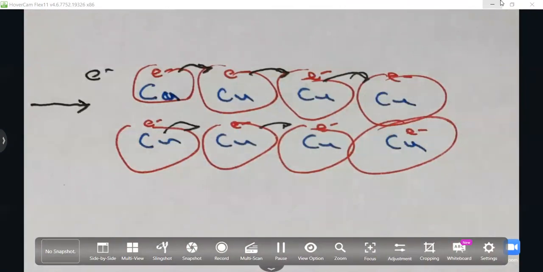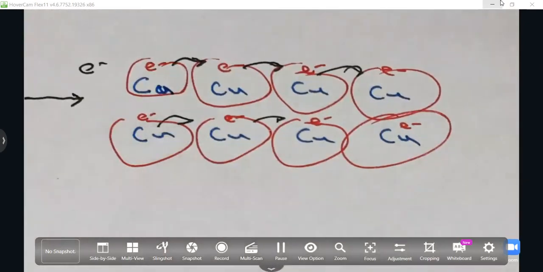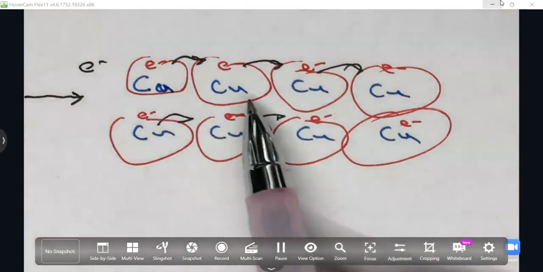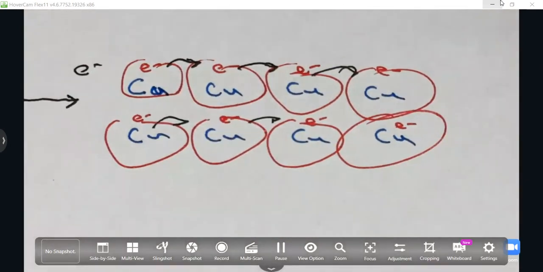If you've got a 75,000 volt power line, think of that as a water tower. You put a bigger water tower up higher, you're going to be able to push more water. The higher the voltage, the more push of electrons. So we are just talking about the flow of electrons where we're talking about electricity.